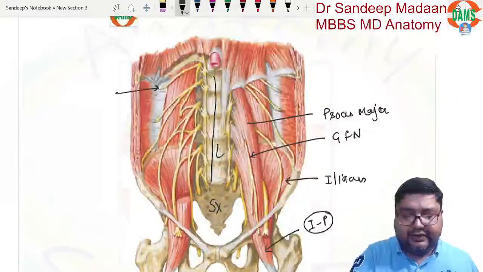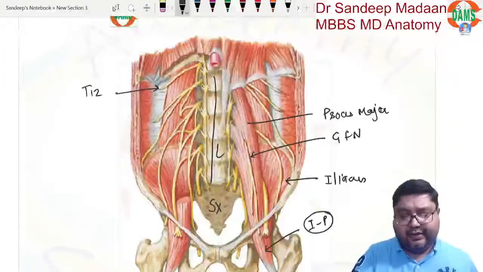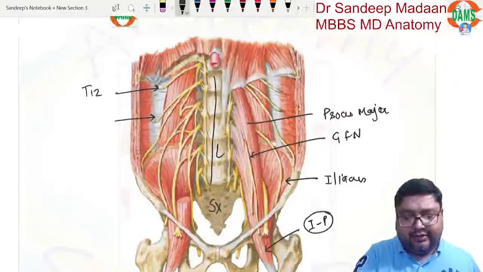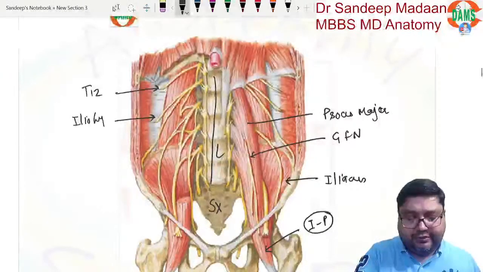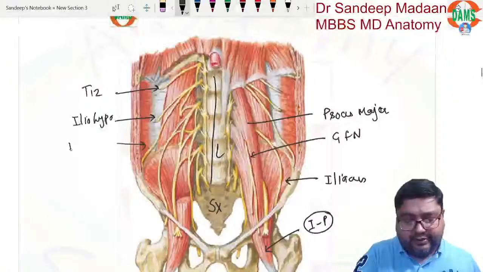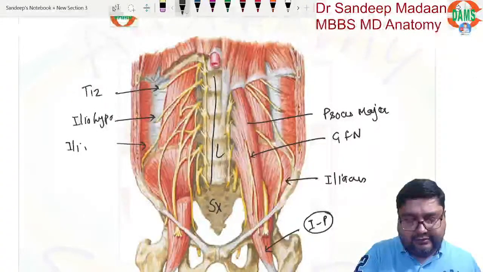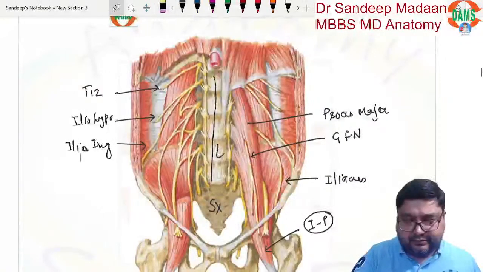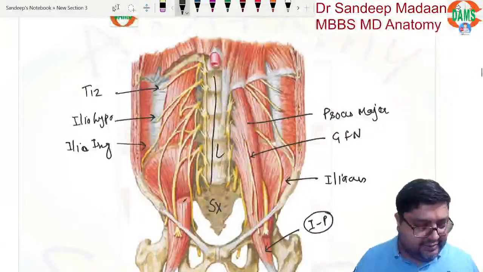Now on this side of the picture, we can identify the nerves. This nerve is T12 nerve or the subcostal nerve. This is the L1 nerve, that is iliohypogastric. This one will be ilioinguinal. Now here the muscle has been cut.